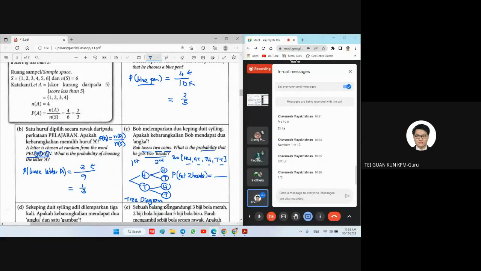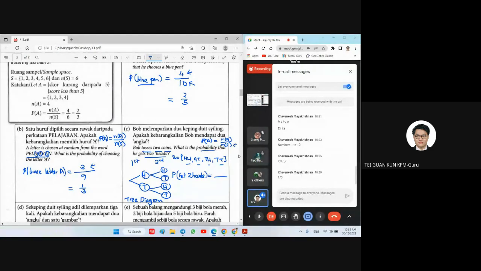Get two heads. Berapa kali dia akan dapat two heads? Formulanya probability of event A yang kita nak sama dengan bilangan A bahagi dengan bilangan sample space.